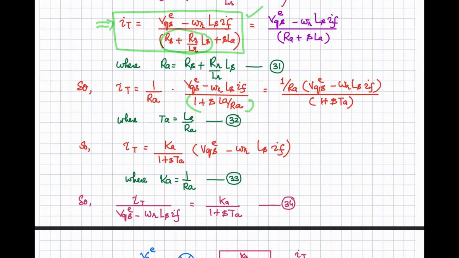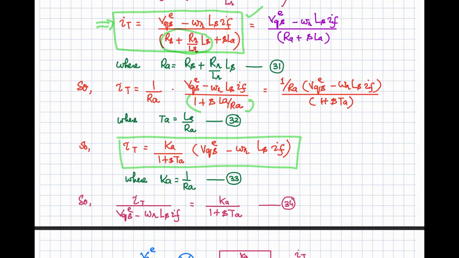Over here we define that La by Ra is the time constant of our armature circuit. We have already defined La, and now we have defined Ra. So the time constant in terms of these two definitions, La and Ra, is the armature time constant, and we are writing this equation in this form now. So the current equation can be written like this.